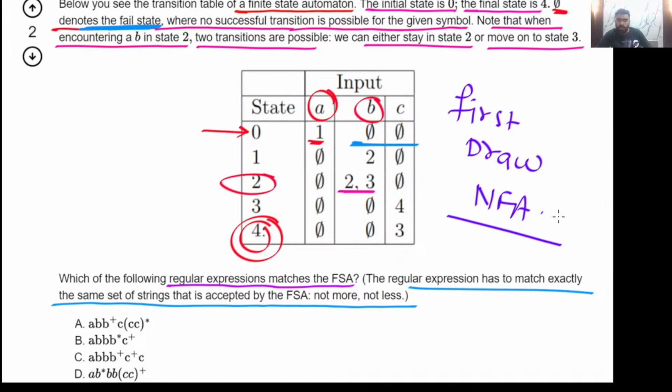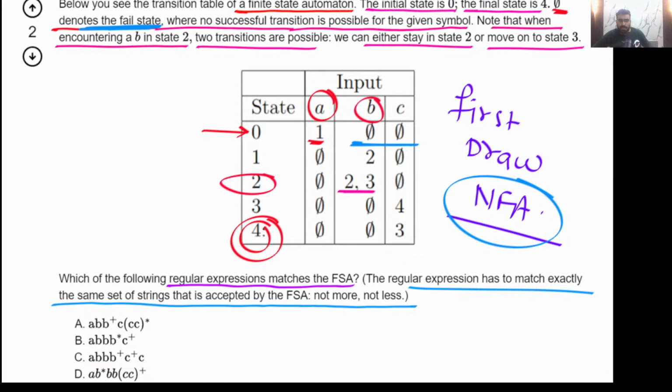In the NFA, you don't have to draw the fail state, so there is no need to draw it.